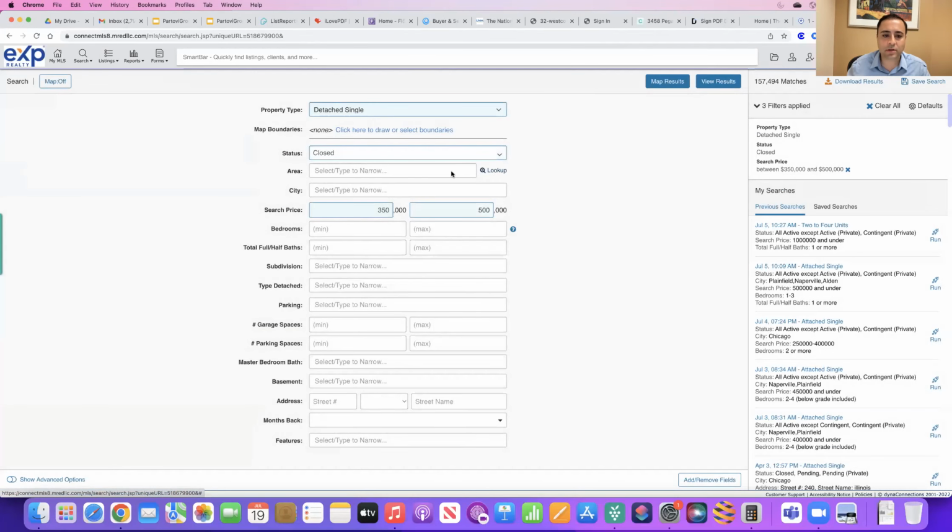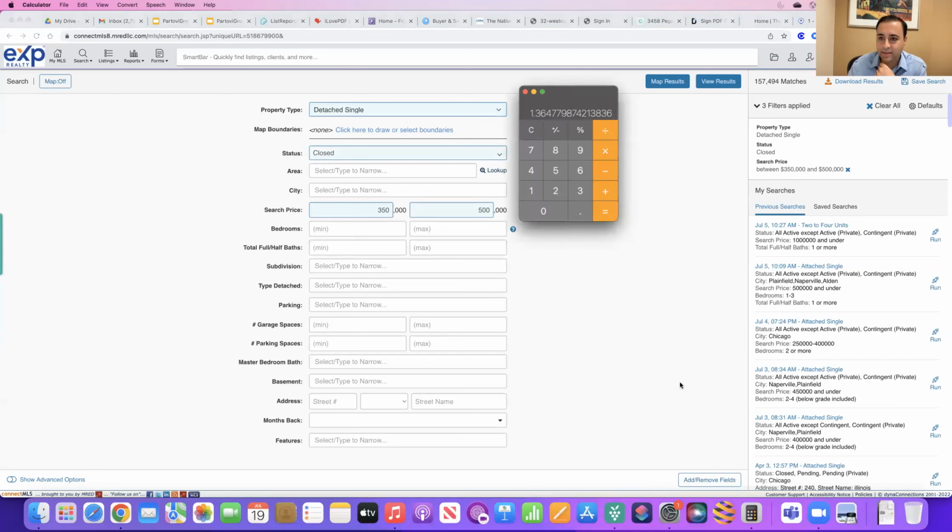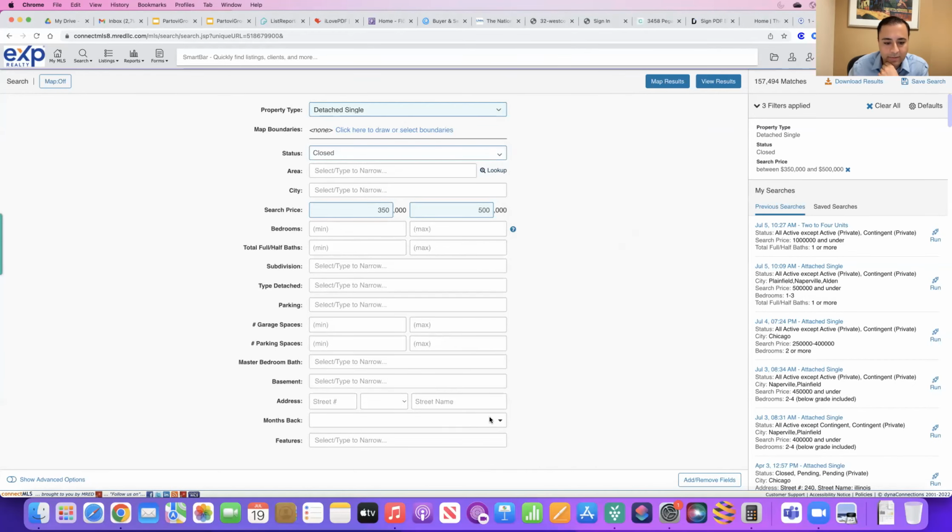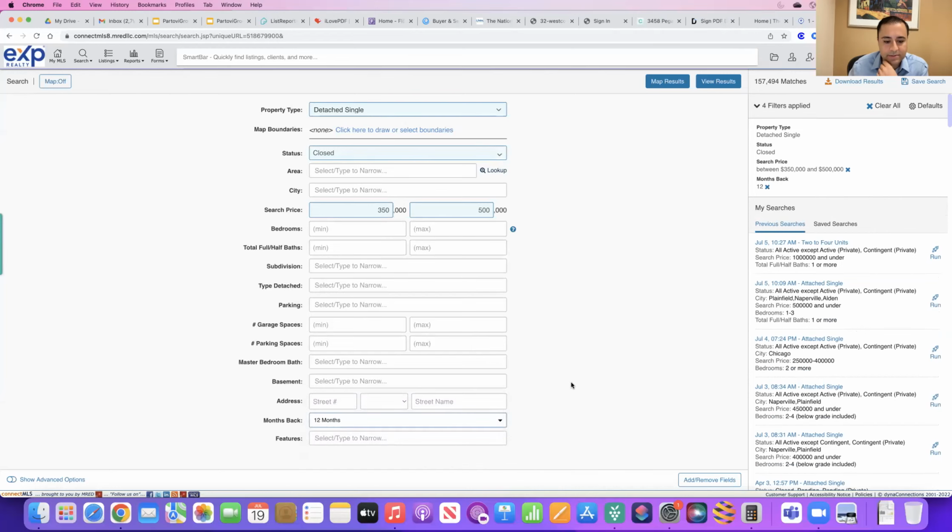And then when we go closed here, 157,494, that's a lot, but we're going to take a look at how many that is over the past period. I have to make sure that this is actually closed for the same time period. So hold on one second. Let me make sure the time period is also eligible to be picked in here. Months back, there we go. All right, so months back, we're going to go back 12 months.